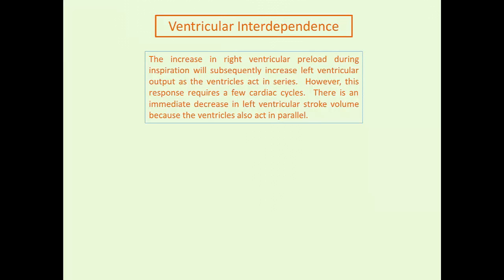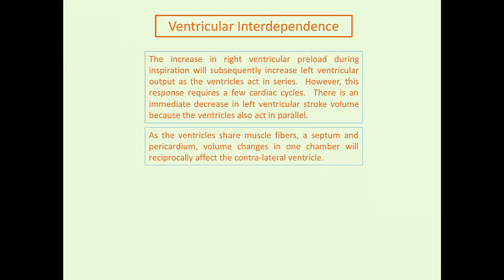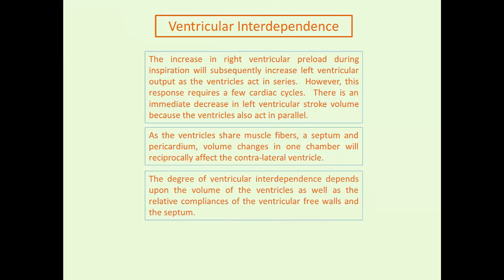But there's also a parallel effect, and that can be seen with an immediate decrease in left ventricular stroke volume with an increase in right ventricular volume, and that's because of these parallel effects. The ventricles share muscle fibers, the septum and pericardium, so a volume change in one chamber will reciprocally affect the contralateral ventricle, and the degree of ventricular interdependence depends upon the volume of the ventricles as well as the relative compliances of the ventricular free walls and the septum.